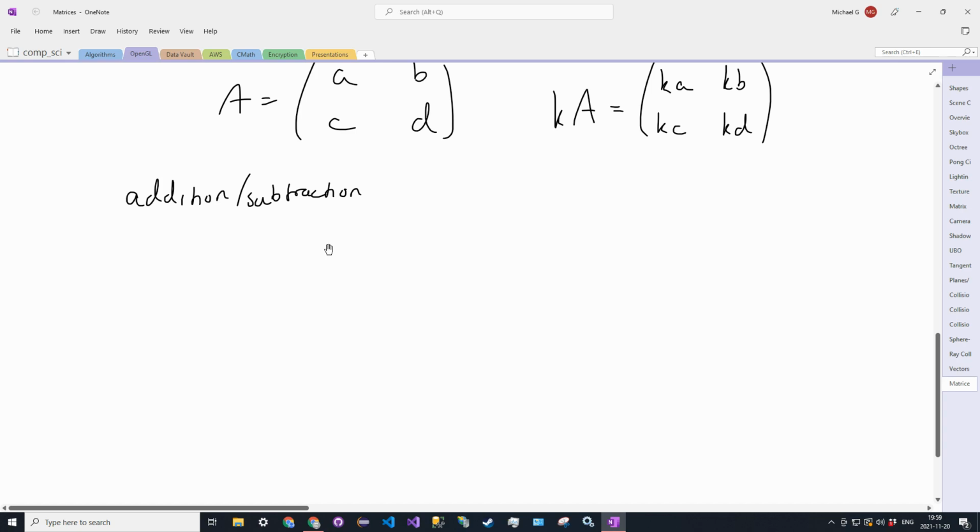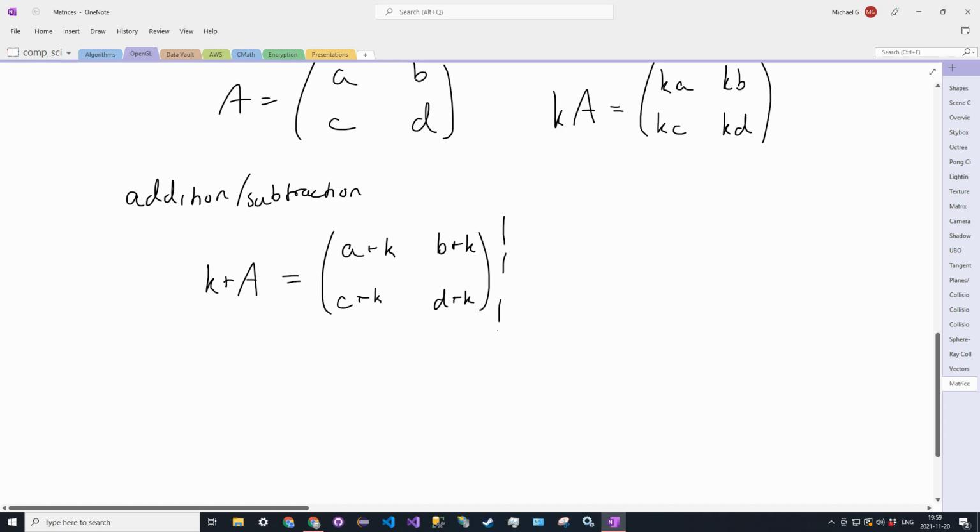You can either add or subtract the factor to every element. So if we had K plus A, using the same example up here, the elements would be A plus K, B plus K, C plus K, and D plus K, in one way.